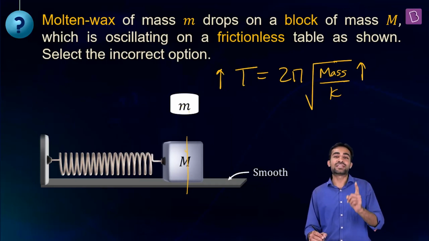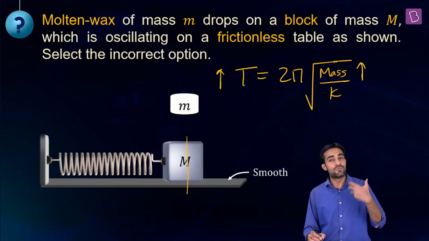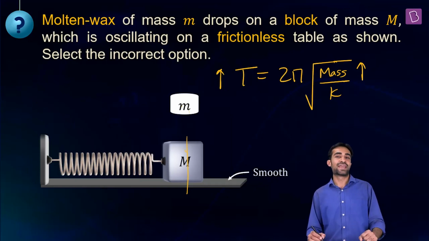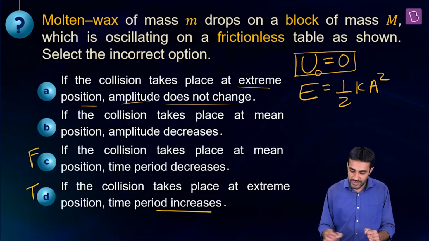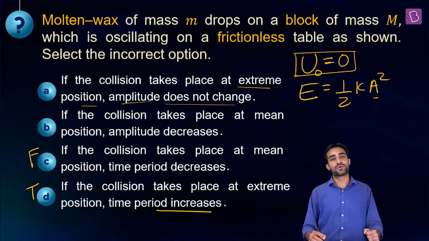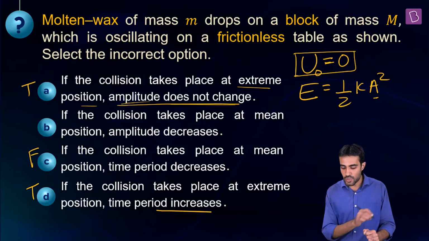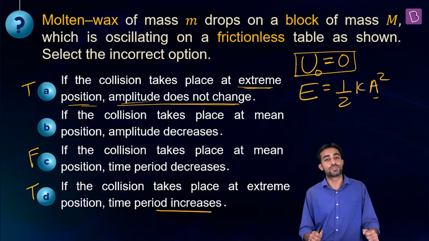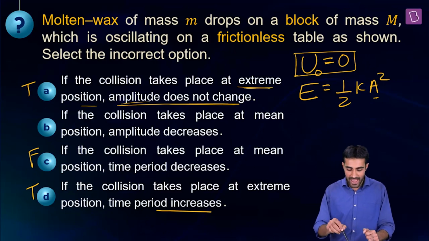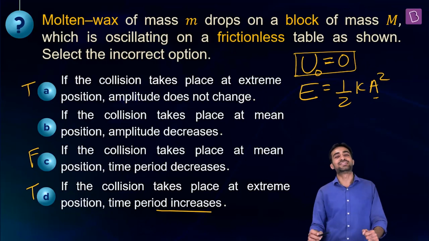So we haven't changed the kinetic energy and we haven't changed the spring potential energy. So we haven't changed the total energy, and the amplitude A would not change. So option A is true. Amplitude does not change when we drop the wax when the object is at extreme position.